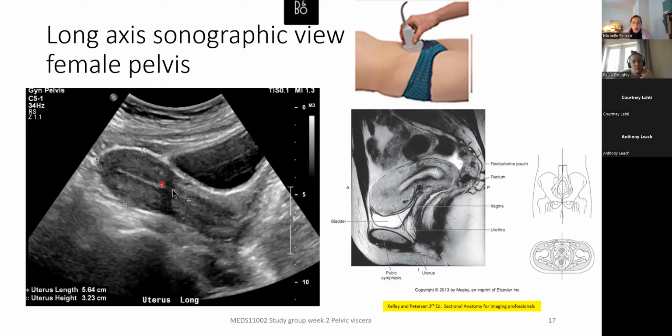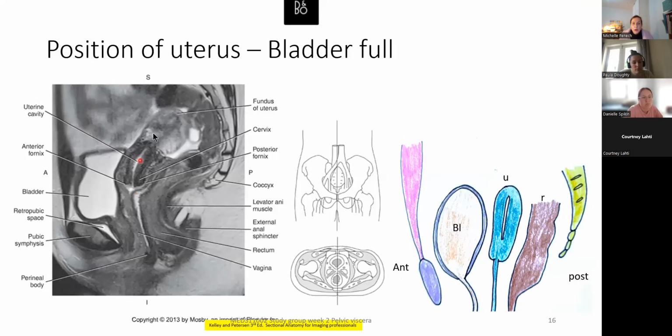So what's this white or echogenic stripe indicating? The endometrium, that's right. What am I outlining here with my marker? The fundus. So you can see the fundus is pointing more to the head. So we've probably got the uterus sitting in more of an orientation like on this image here.